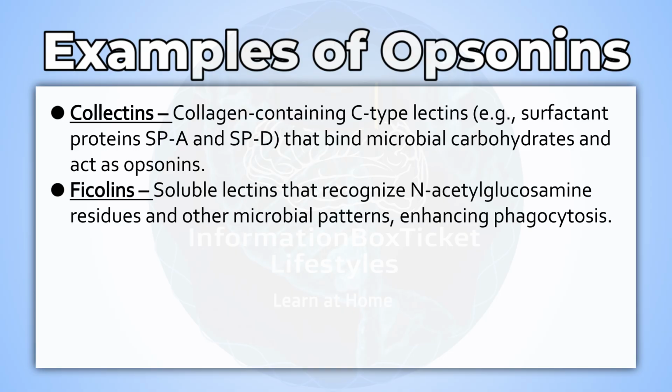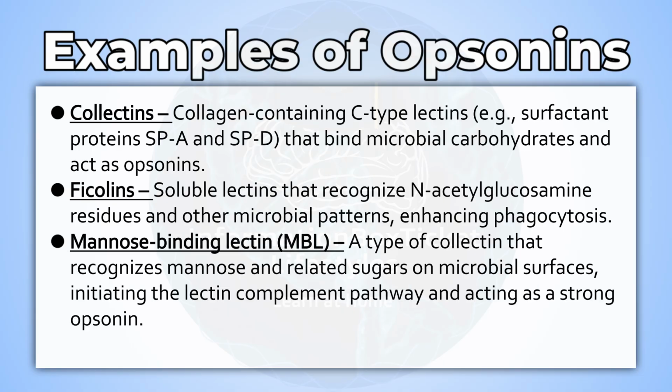Ficolins, soluble lectins that recognize N-acetylglucosamine residues and other microbial patterns, enhancing phagocytosis. Mannose-binding lectin, a type of collectin that recognizes mannose and related sugars on microbial surfaces, initiating the lectin complement pathway and acting as a strong opsonin.